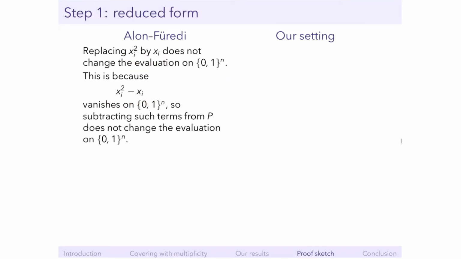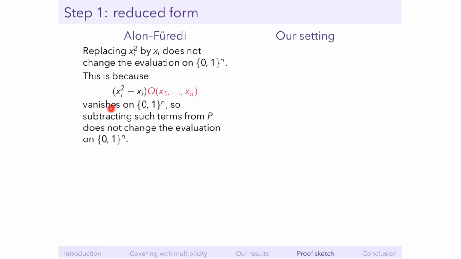So if I add it to my polynomial, I won't change the evaluation on the hypercube. And moreover, if I multiply this xi squared minus xi by any other polynomial q, and subtract such a term from my p, this thing still vanishes on the hypercube, so I won't be changing the evaluation of p on the hypercube.